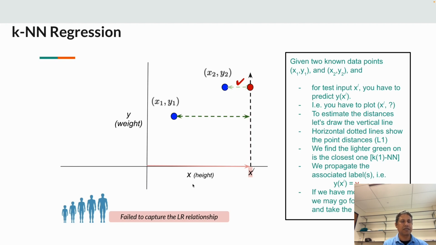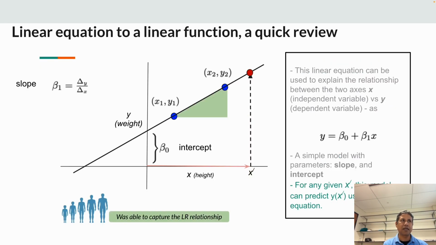Generally, we may have exceptions, but the KNN model told us that this person has the same weight as this person, even though he or she has a greater height, which does not seem fair. But the straight line was able to correct that. Again, we may have exceptions, but we are trying to learn the general relationship.